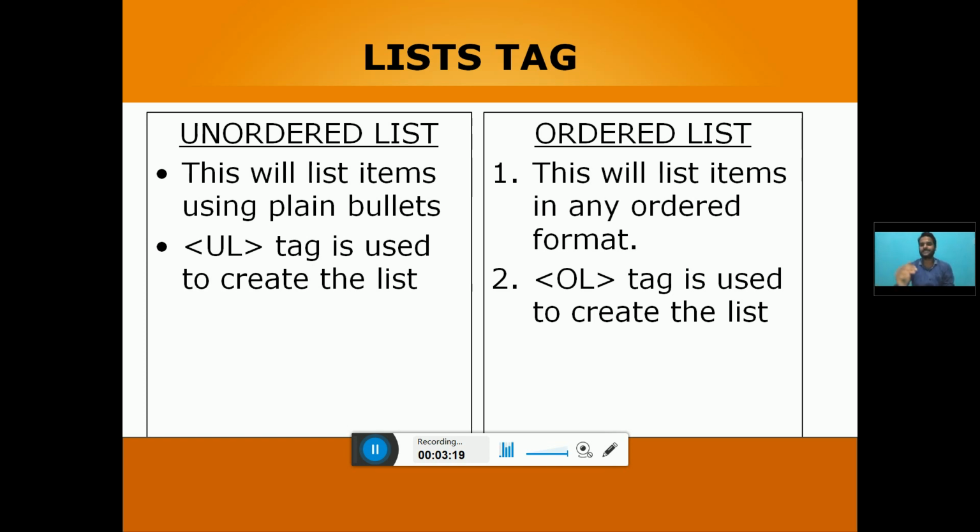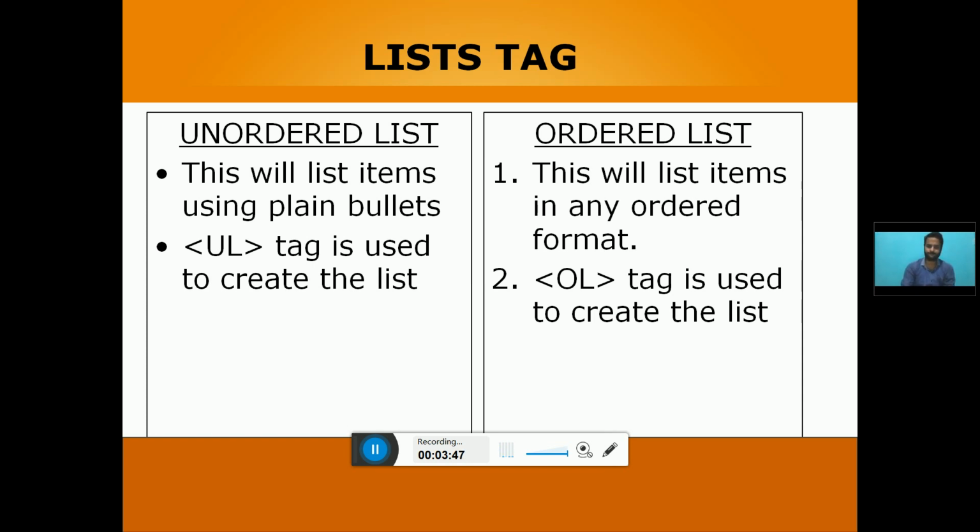This is the ordered list, 1 2 3 4, which contains some special order. In an ordered list we use the ol tag. Today we will learn about the unordered list, and the ordered list we will talk about in the next class.